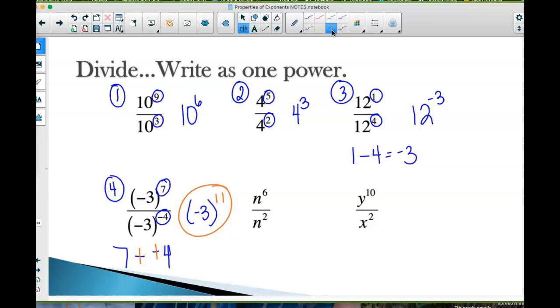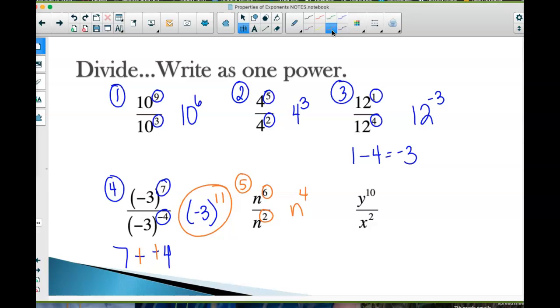Okay, how about the fifth one here? n to the sixth power over n to the second power. That would be n, and then you have to do 6 minus 2, which would be n to the fourth power. Okay, and the last one, what do you notice on that one? Cannot combine, right?